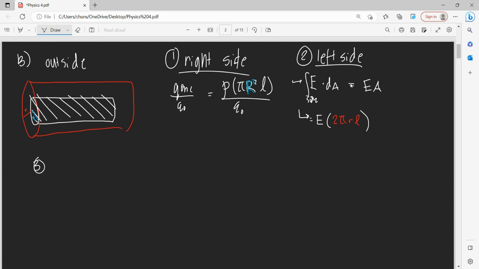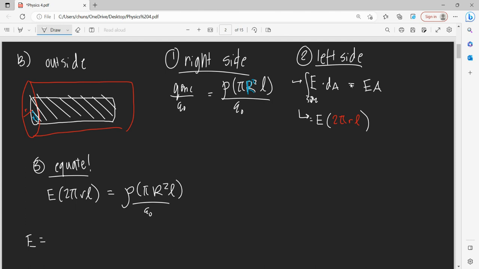So when we equate both sides, we're going to have 2 pi r L equals rho pi capital R squared L over epsilon naught. Then when we isolate for E, we see that our pi and length terms cancel.